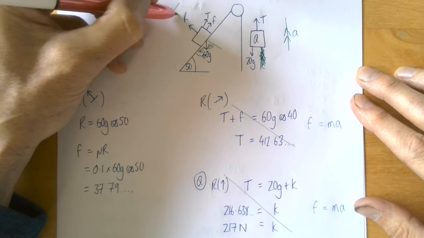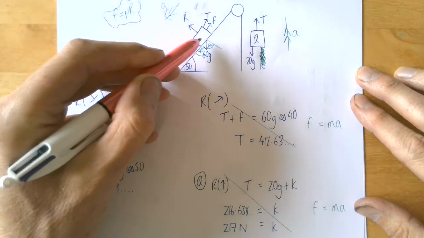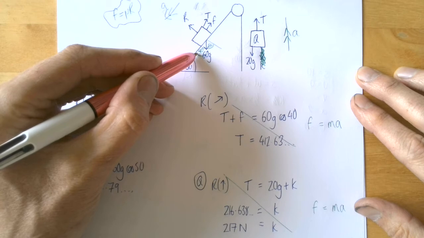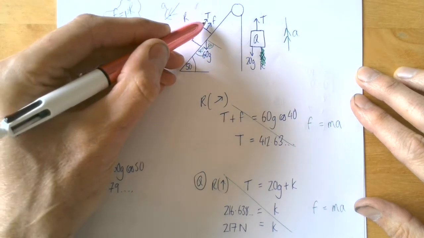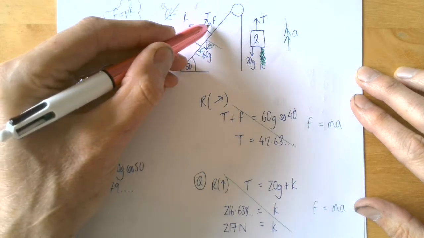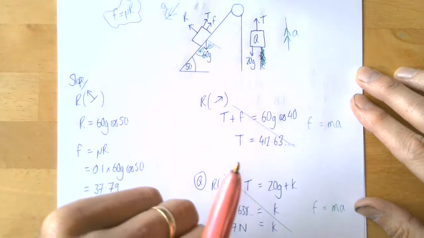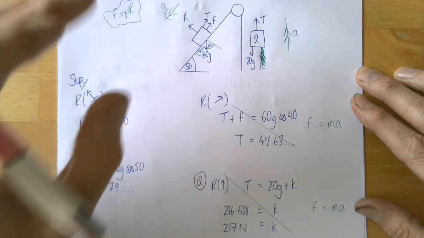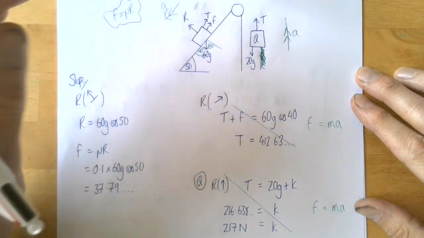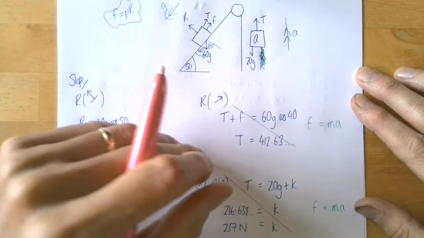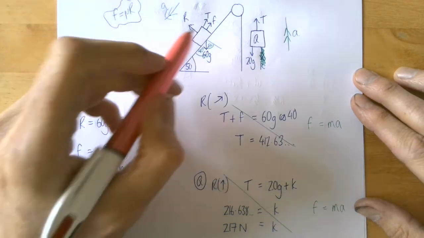And this, it's going to be accelerating down this way. So for this block, I'm going to have 60g cos 40, take away T, take away F, equals mass times acceleration. Now, there's a couple of missing values there. There's T and there's a, but of course T will be the same.